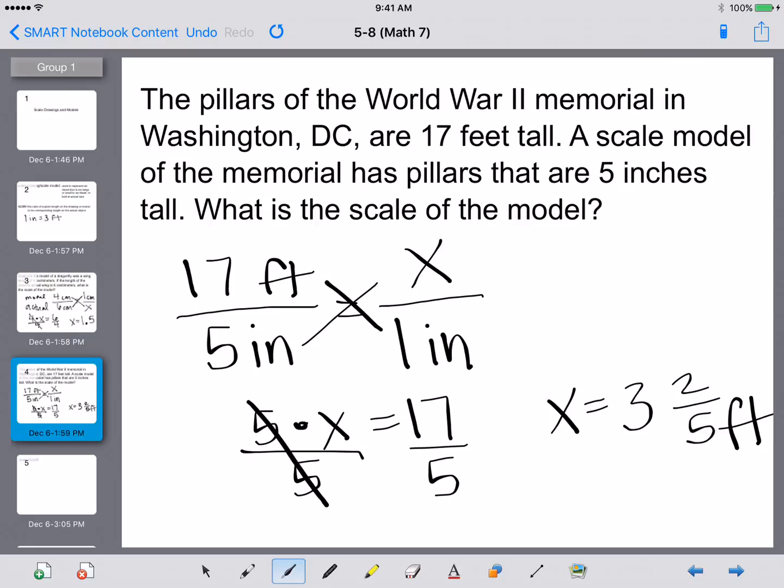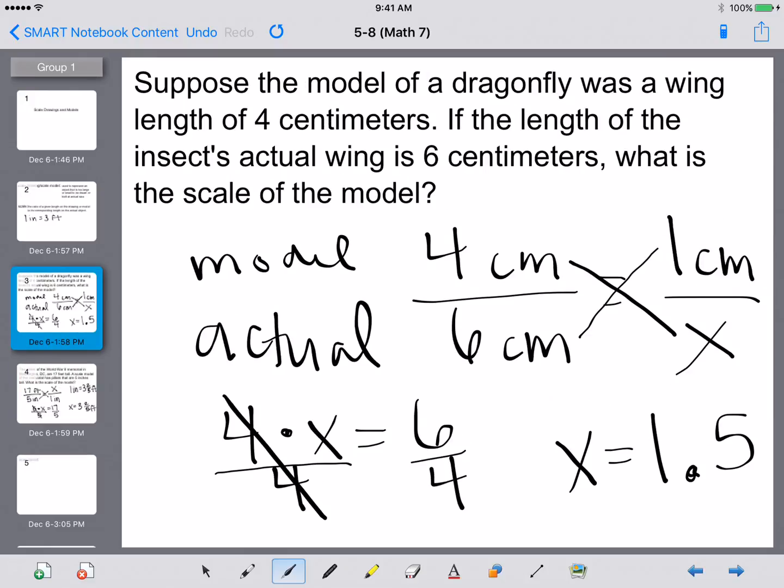And you would write that as 1 inch equals 3 and 2/5 feet. And let's go back to that last one. We would write that as, if our x is 1.5, 1 centimeter on our model equals 1.5 centimeters on our actual dragonfly.